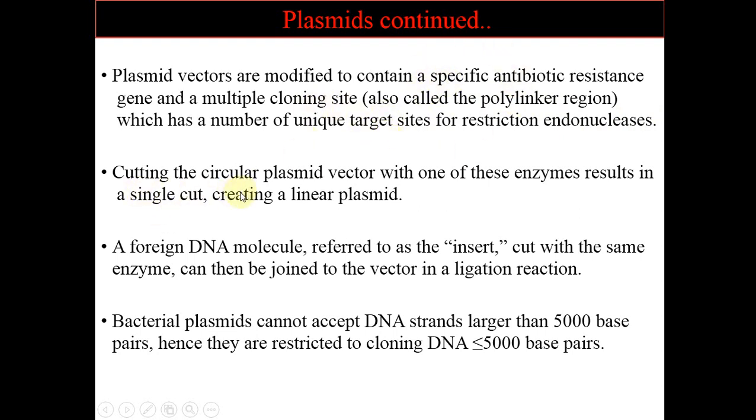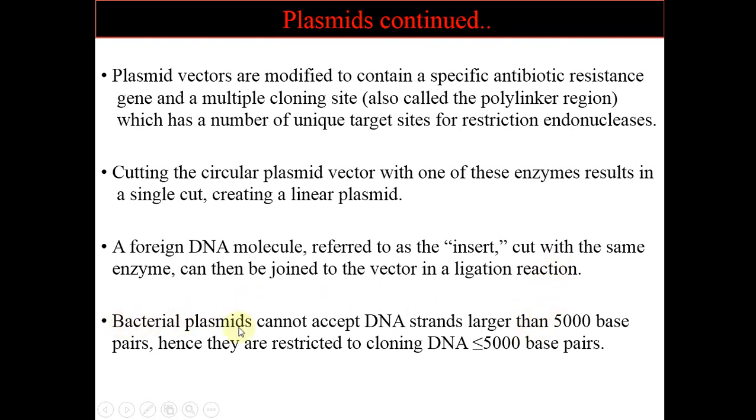Cutting the circular plasmid vector with one of these results in a single cut, creating a linear fragment of plasmid. A foreign DNA molecule referred to as the insert, cut with the same enzyme which you are using for cutting the vector molecule, can be joined to the vector in a ligation reaction with the help of ligase enzyme.